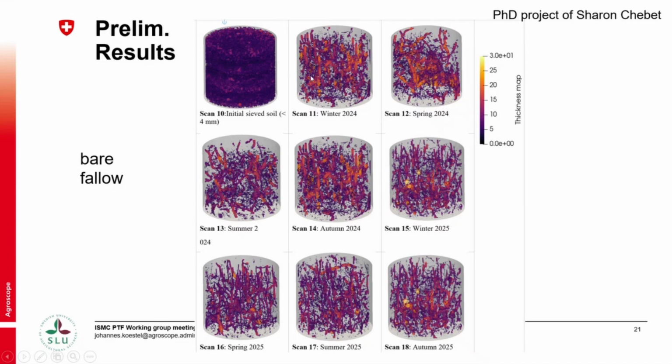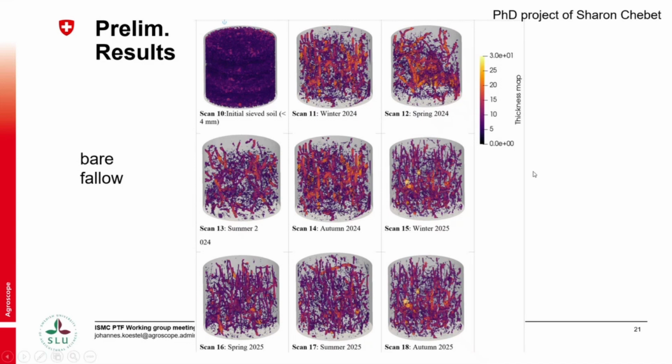A lot of parallel tubes are often seen that go very straight down in the soil and then stop abruptly. We know that on this bare fallow there were a lot of ground nesting bees, so it could be that this is the organism that makes these burrows, but we're not yet sure, and we're trying to find out.